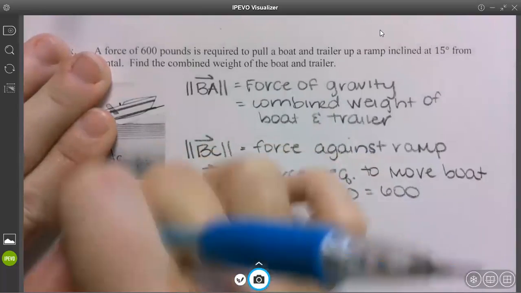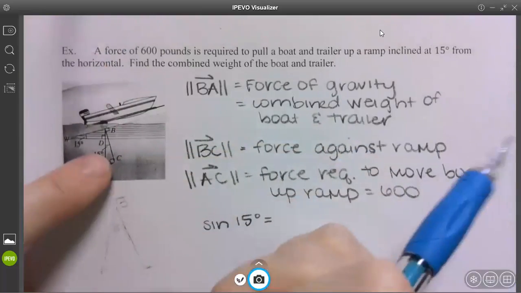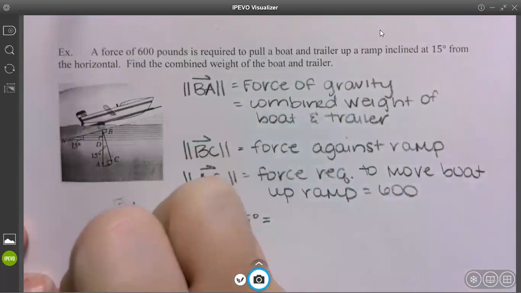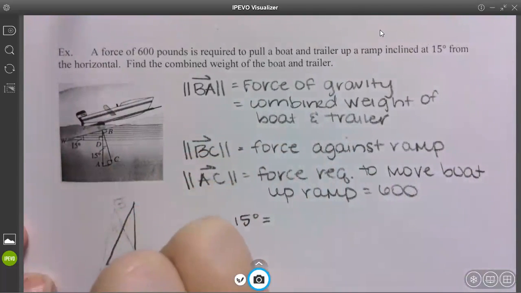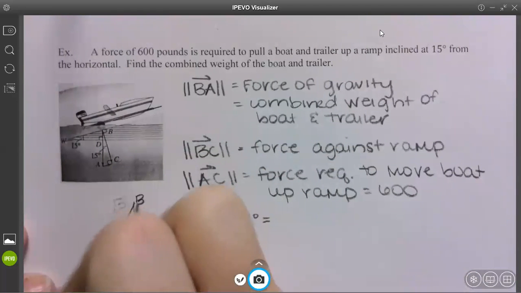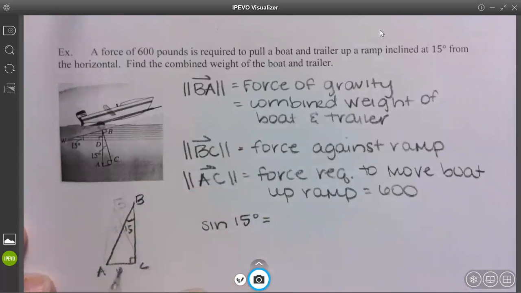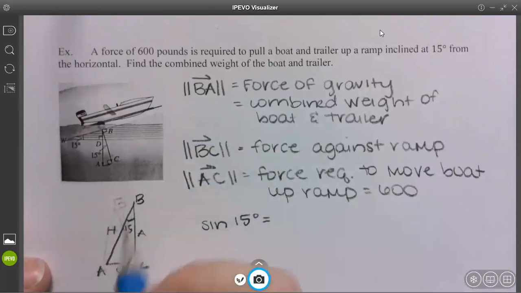If you can see it in the photo, you can see the right angle down there. So I'm going to change it up just a little bit and kind of put it straight up and down. So B, C, and A, they gave us 15 degrees. So this would be your opposite, this one would be your adjacent, and this is your hypotenuse. So why are we using sine? Because we're going to use AC and BA because these are the two that we have right here.